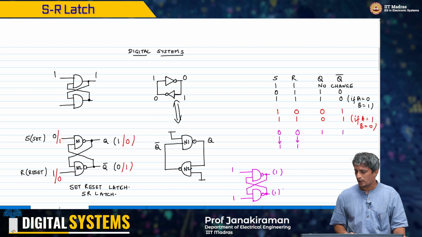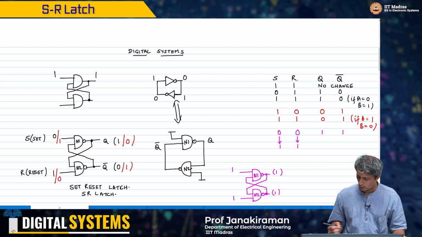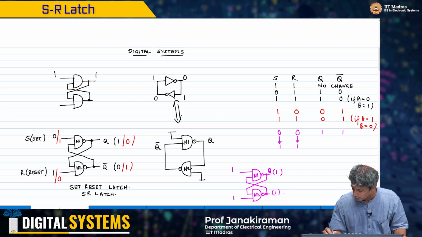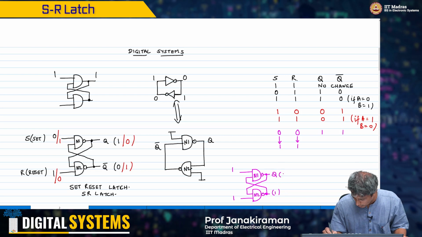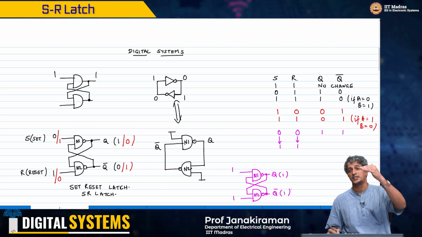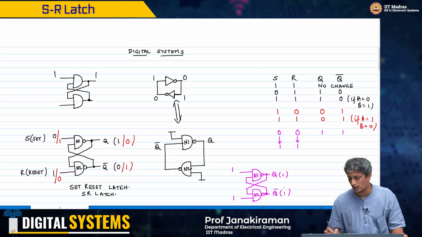Now what is going to happen? This is N1, N2. Q is 1, this is Q, and the previous state, Q bar, was 1. You are coming from the input state 0 0, so both were 1 1.